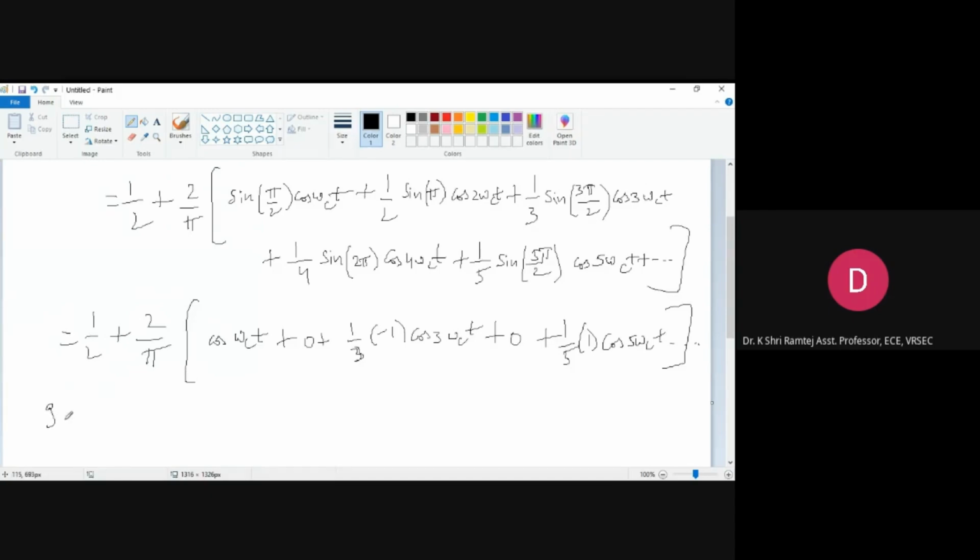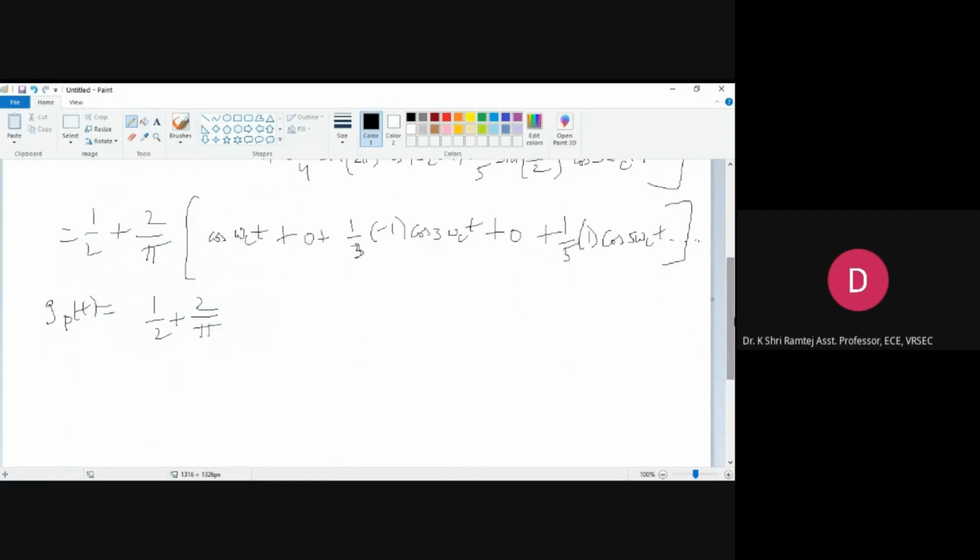So now this Gp of t can be written as 1 by 2 plus 2 by pi, cos omega ct minus 1 by 3 cos 3 omega ct plus 1 by 5 cos 5 omega ct, and minus 1 by 7 and so on.